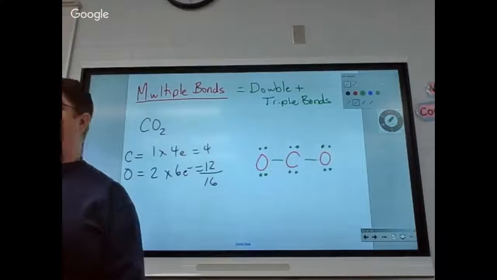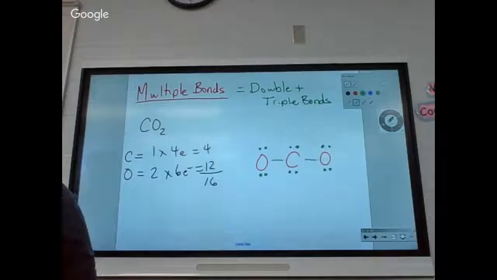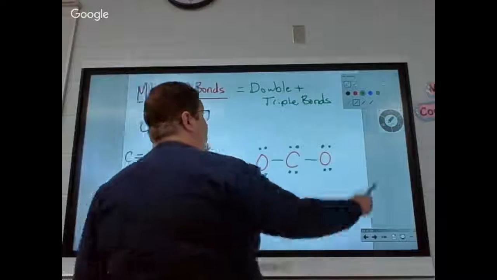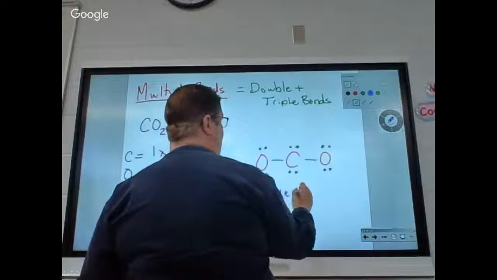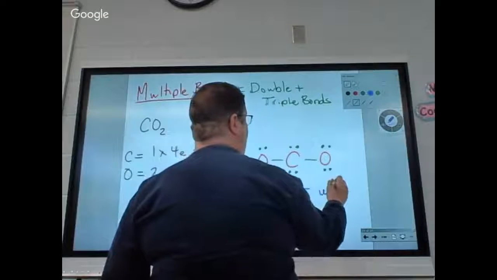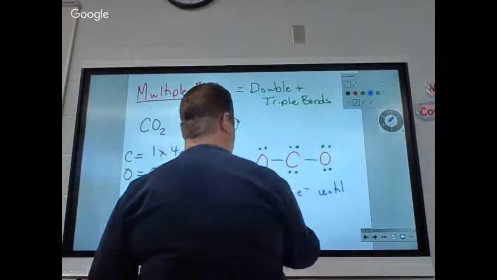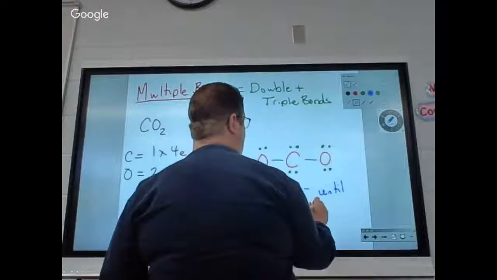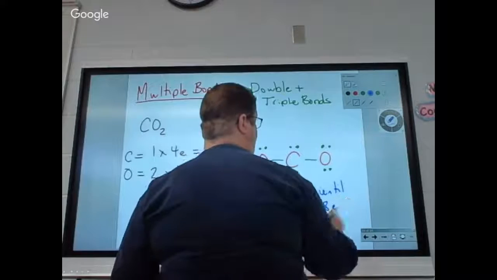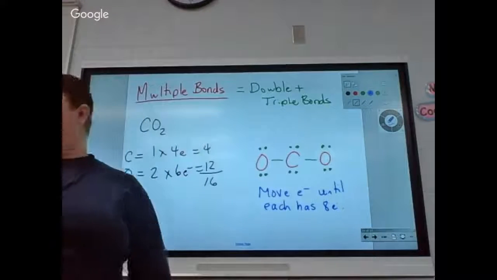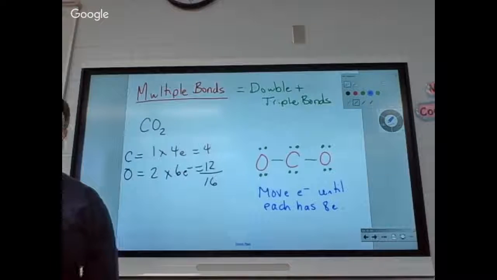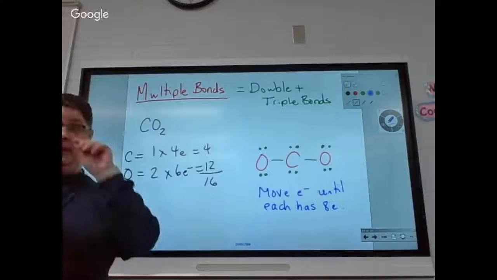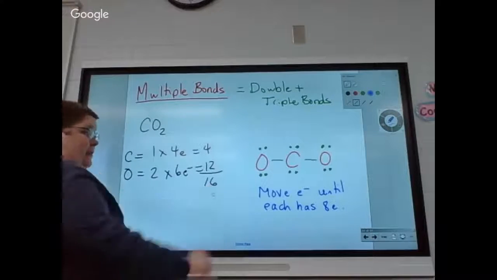Tell me what my problem is. They don't all have 8. Okay? So, the only option I have is I have to move electrons until each has 8. I can't add. I have to arrange them, move them until everybody has 8. I have 16.